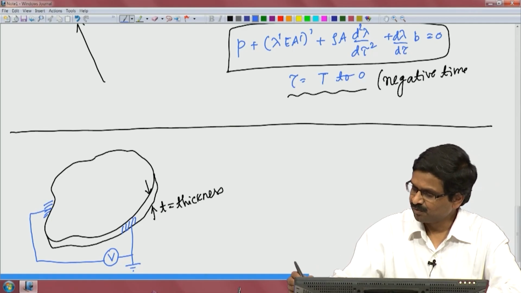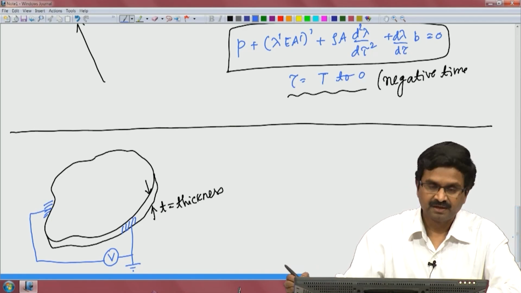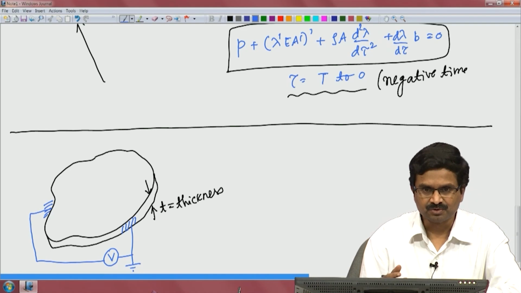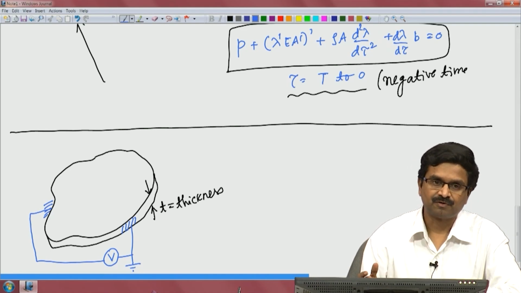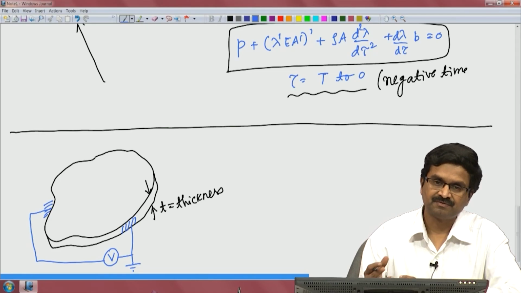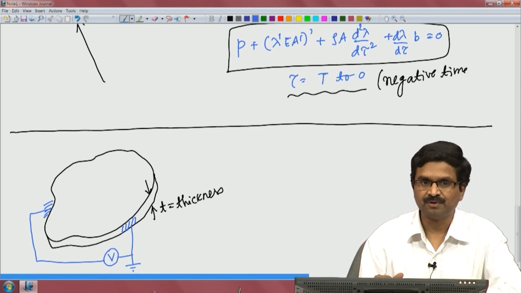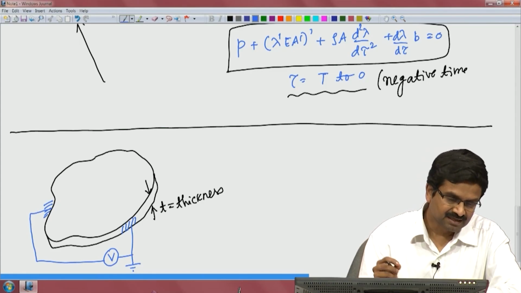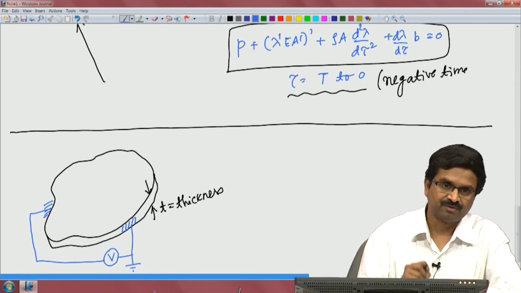When you apply voltage and if it is a conductor, there will be current going through it. When the current goes, it will develop heating, what we call ohmic heating or Joule heating. Because of the heat, the structure will experience thermal loads and start deforming. So, we would like to minimize that deformation.